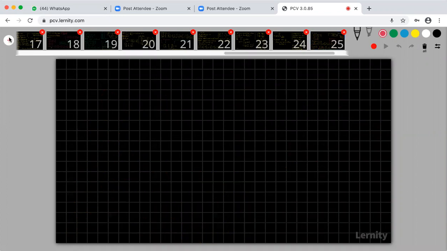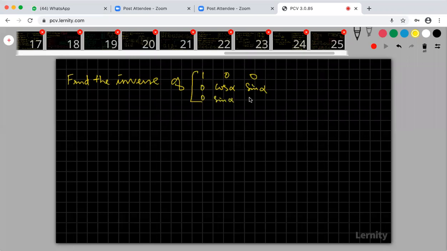The next problem is find the inverse of this matrix: 1 0 0, this is 0 cos alpha sin alpha, this is 0 sin alpha minus cos alpha.